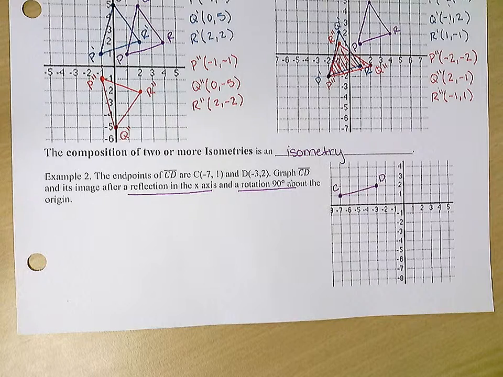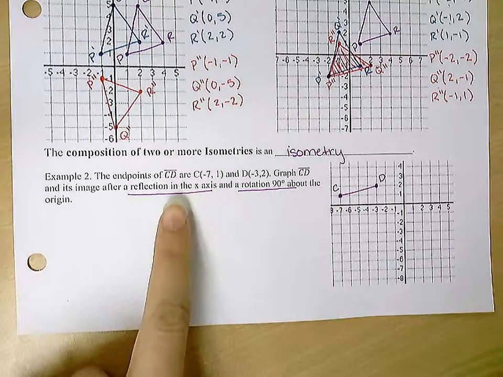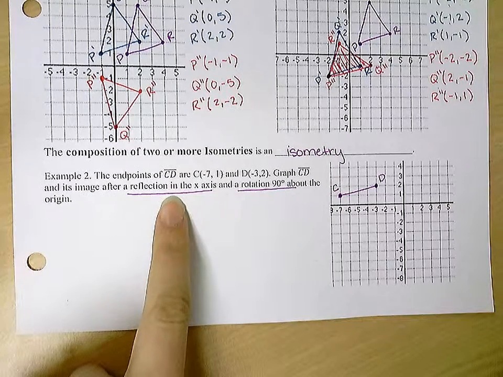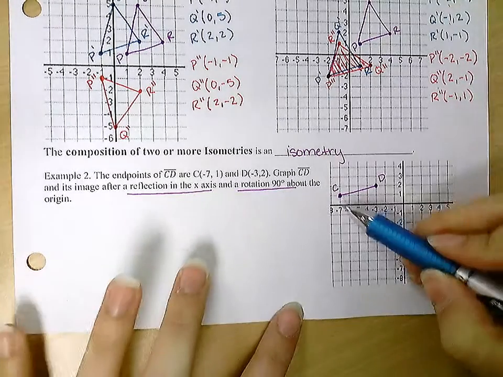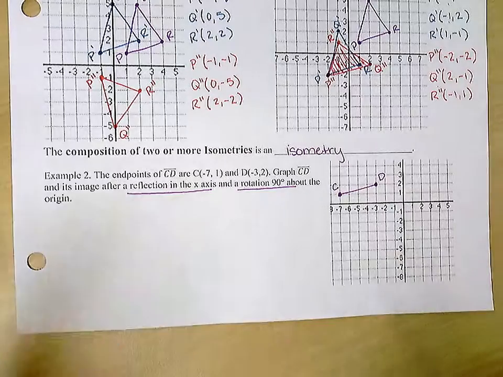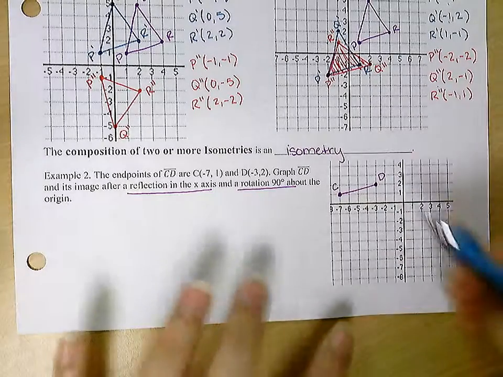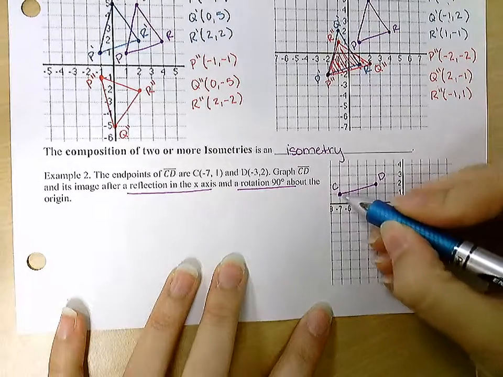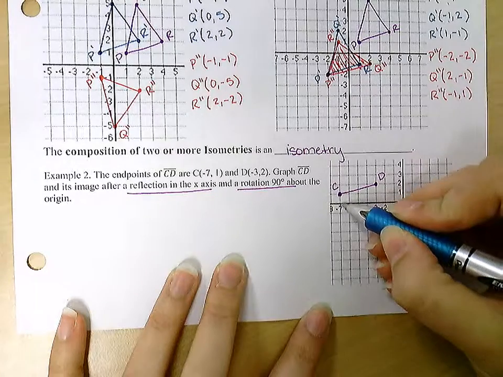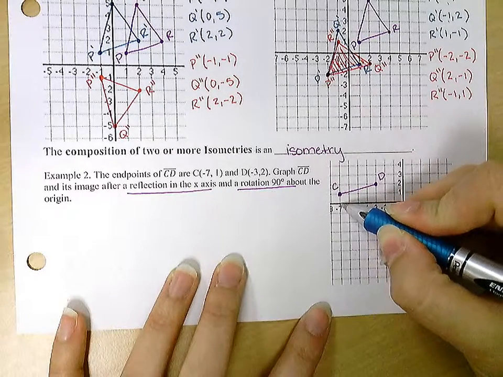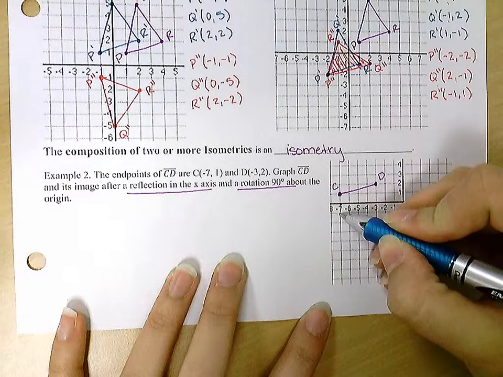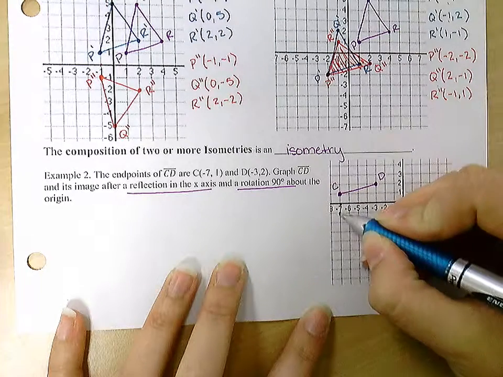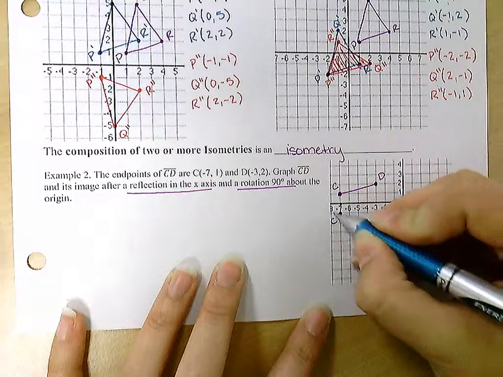Now the first transformation I want to do is the first one listed. That transformation is the reflection in the x-axis. So I want to reflect both of those points over that x-axis. Point C is 1 unit from the x-axis, so I'll go 1 unit away from it. That will be your point C prime.